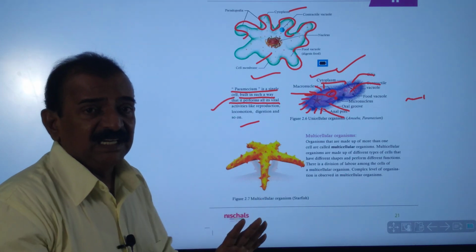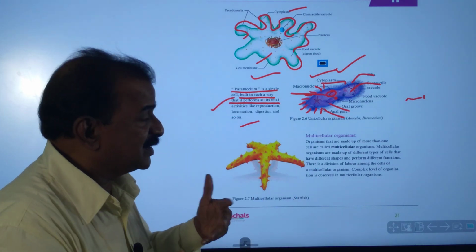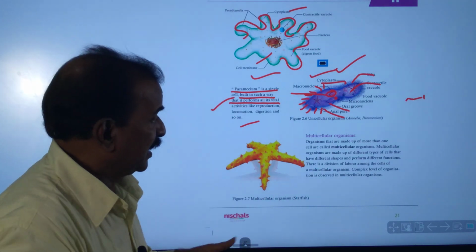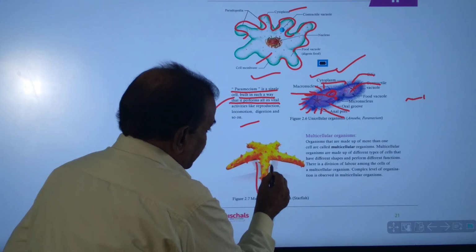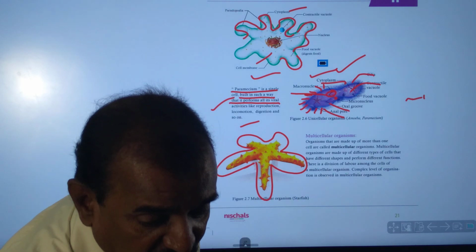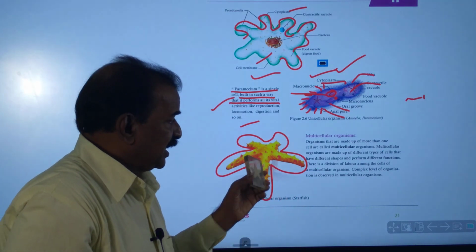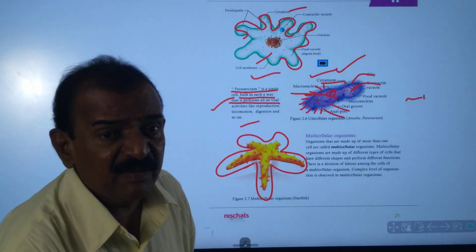So we have clearly discussed what unicellular organisms are, and now we need to discuss multicellular ones. I told you, this is a starfish, and it has arm-like structures and looks like a star. It belongs to the phylum Echinodermata. It lives in water, and it has many cells.